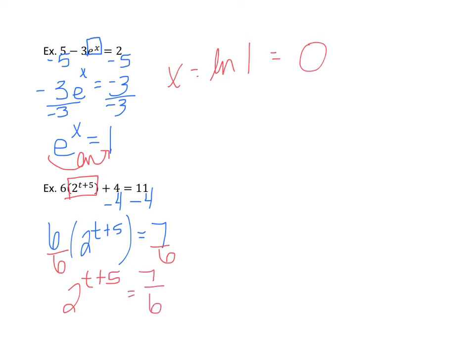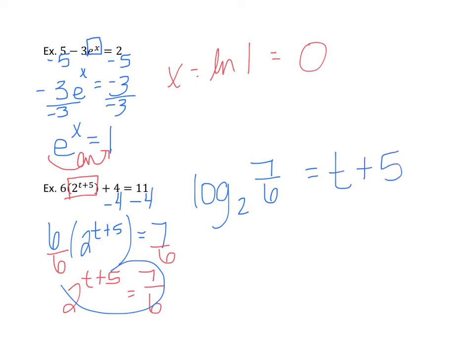And now I'm going to go back to log form. I'm in exponential form. I'm going to snail my way around. Log base 2 of 7/6 equals t plus 5. So that means t is going to equal log base 2 of 7/6 minus 5.